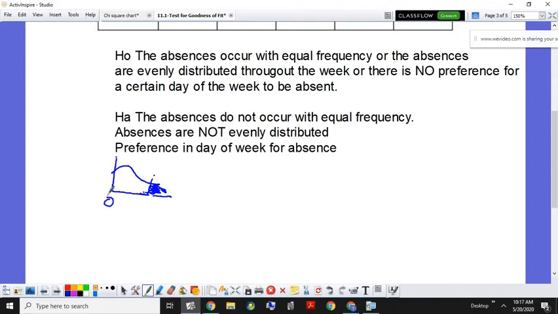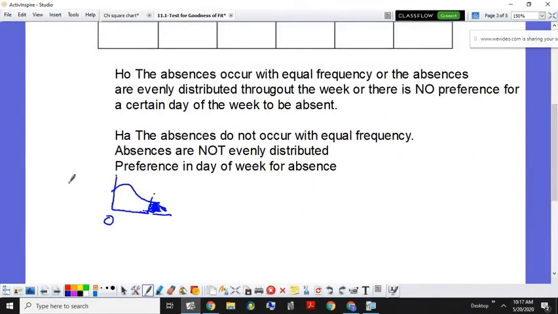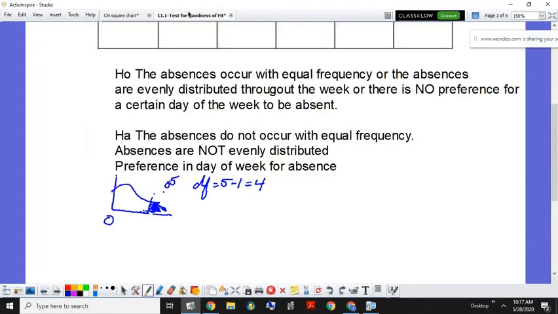The alpha level on this one was 5%, so you're going to go across the top to 5%. The degrees of freedom was also 4 on this one because there's 5 days a week minus 1. So it's exactly the same as the last one, and you use the chi-square chart. You just go across the top to your alpha and then go down, and that's where your critical value is. So it's also 9.49 on this one.